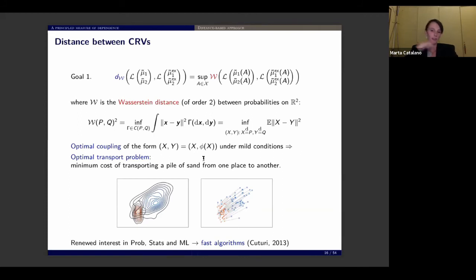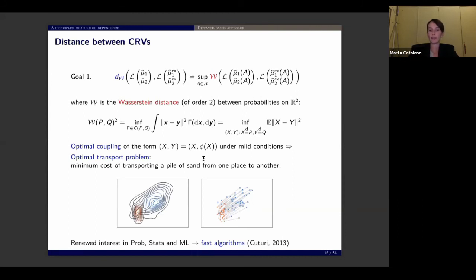And so, as we said yesterday, the Wasserstein distance has a long history and has been defined and studied in many different fields. But in these latest years, it has gained a renewed interest, both in probability, statistics, and machine learning. This is also due to the fact that we can now compute the Wasserstein distance in a fast way and also approximate it.